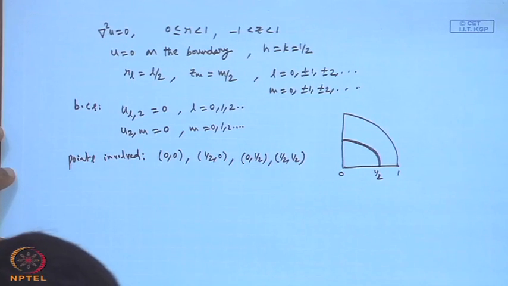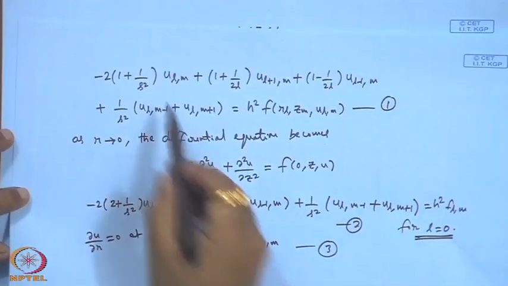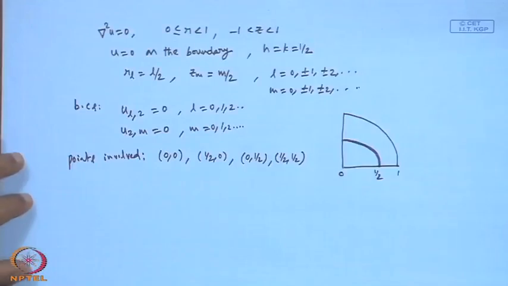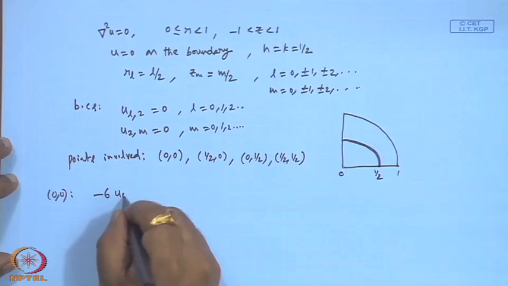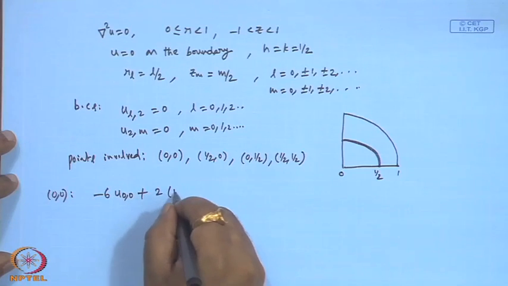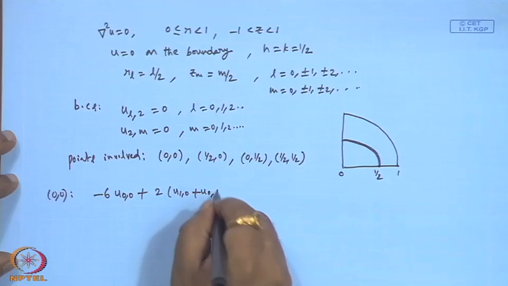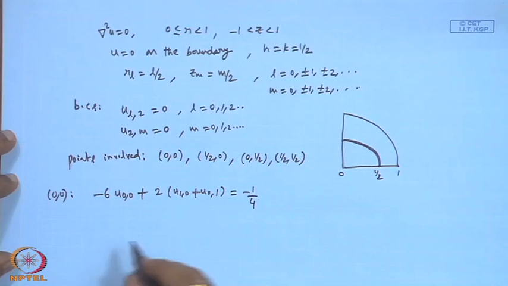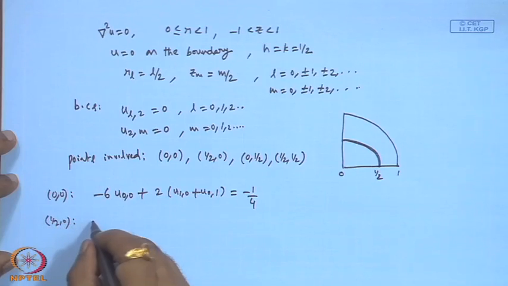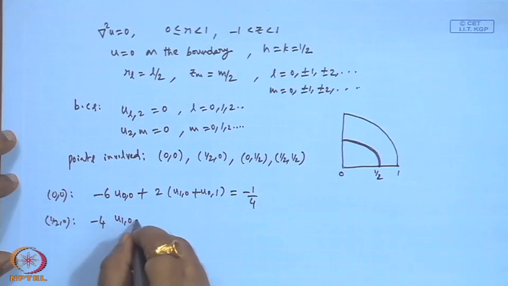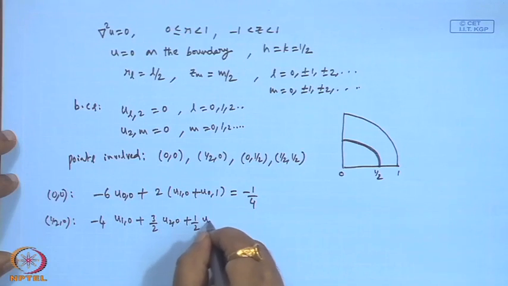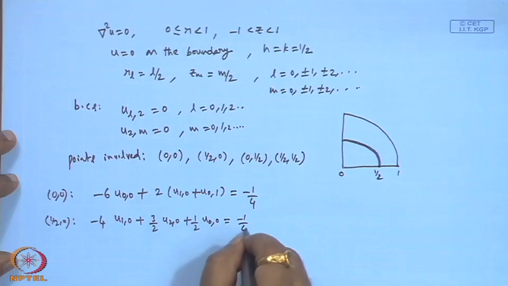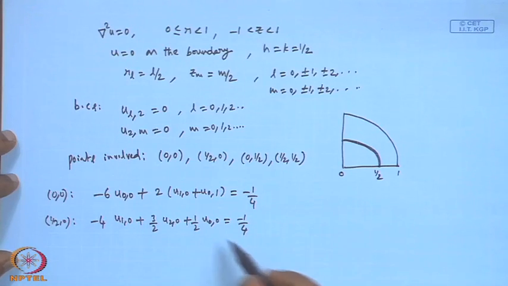Okay. So, this equation we have to run. So, for example, at (0, 0), then (half, 0), and again at the remaining points, these 2 points we run, and then we get an algebraic system.